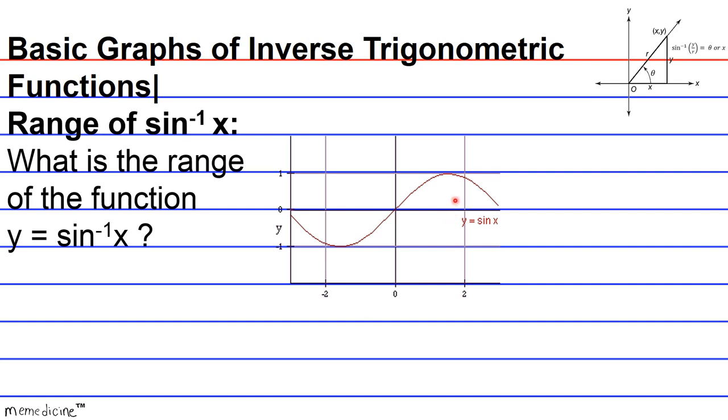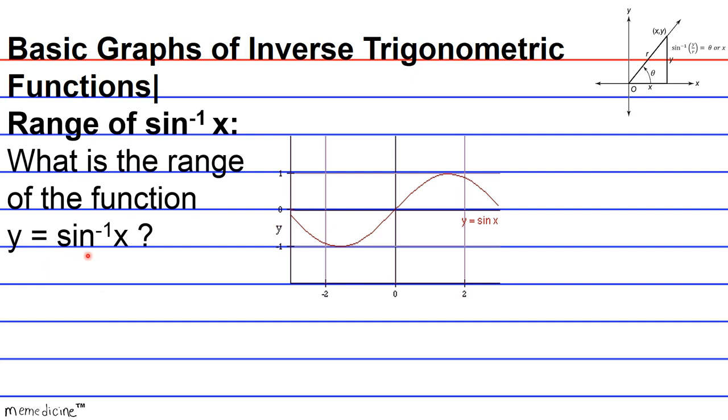And if you watch my Cram session on the domain of the inverse sine of x, you would know exactly what I'm talking about. Remember, the domain of a function is the set of all possible independent variables, usually x values. So we're going to restrict the domain in order for y equals the inverse sine of x to become a legit function.